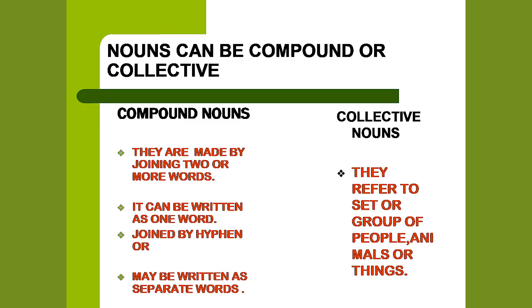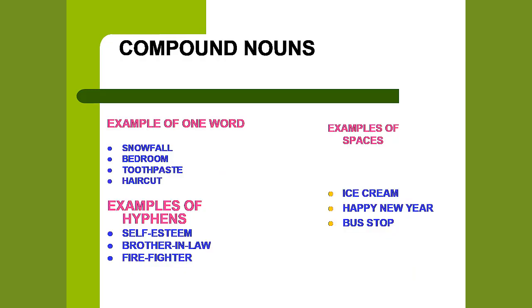Now you can see some examples of these two nouns over here. Examples of one word compound noun are snowfall, bedroom, toothpaste and haircut.